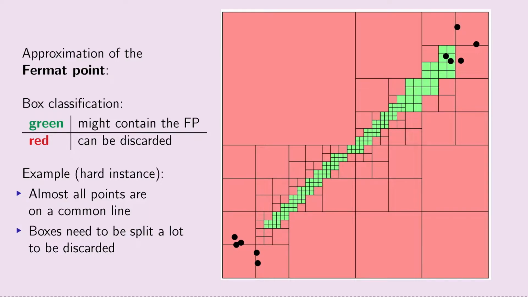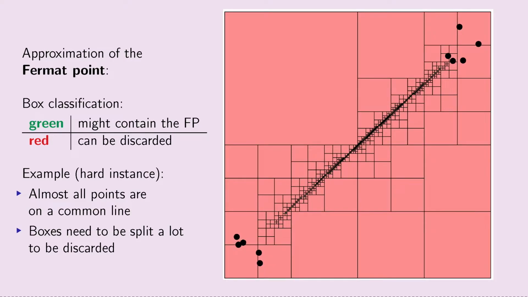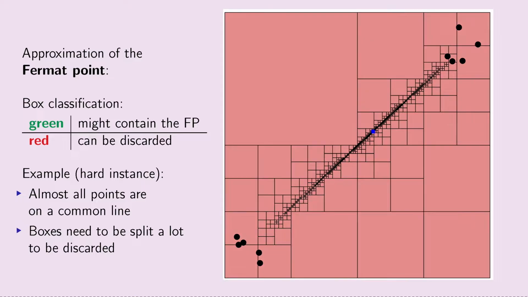The approximation algorithm needs to split the boxes much more to be able to discard some. In our paper, we discuss add-ons to the presented box subdivision algorithm in order to improve its performance also in these cases. If we fast forward, we can also find a good approximation of the Fermat point, which is colored in blue, for this almost degenerate configuration of cluster points.